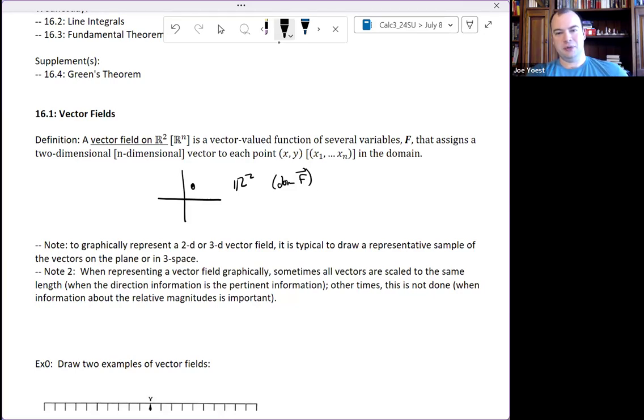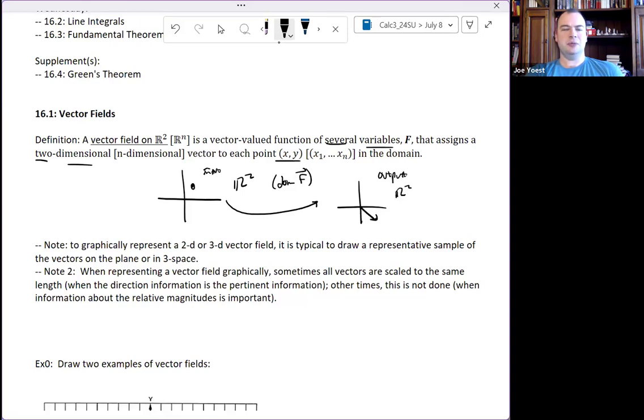So I have an input space, and then I have an output space. But the output space is also two-dimensional, the same as the input space.